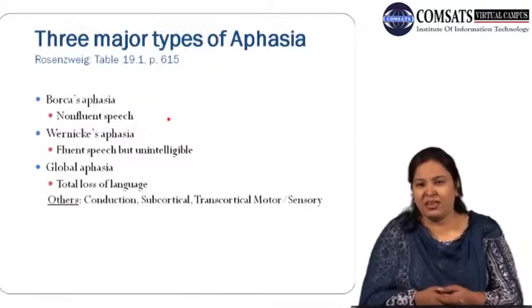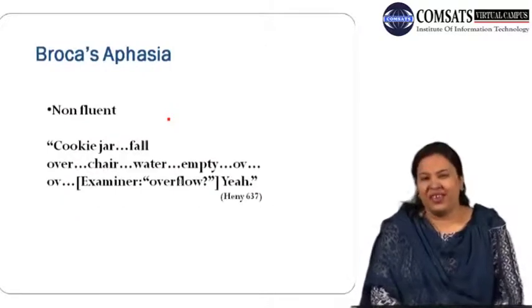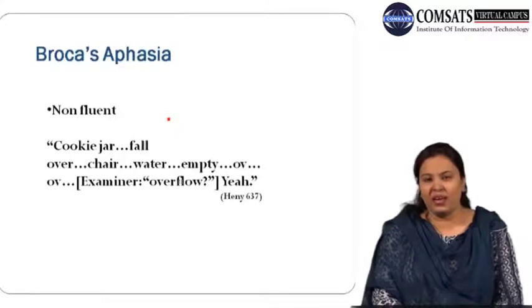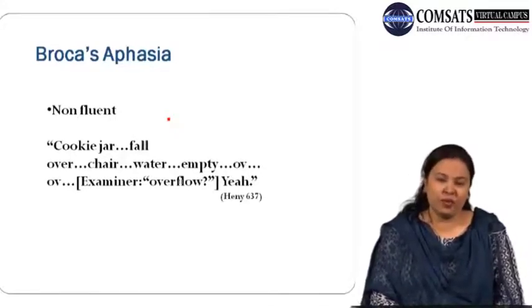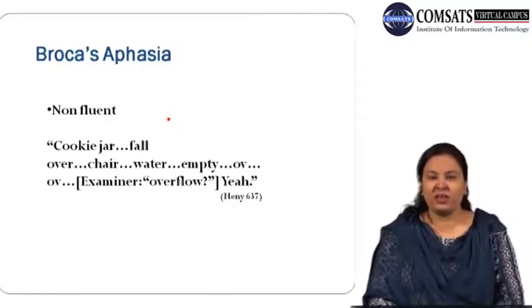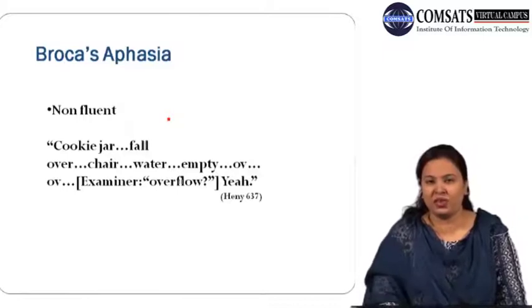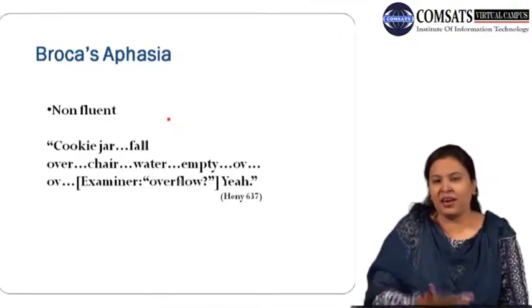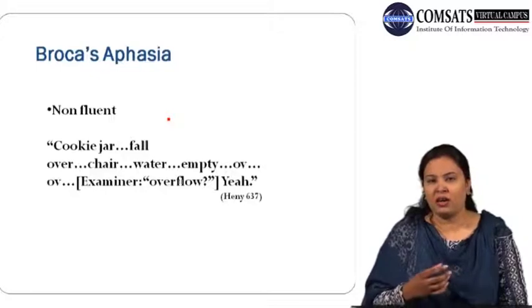So let's discuss them in detail. We will start with Broca's aphasia, again the non-fluent speech. Let's see an example quoted in Henry, page 637. What kind of speech do people suffering from Broca's aphasia produce? Try to say these words. Good. You will see that a stammering kind of effect is created when you try to speak: cookie, jar, break.